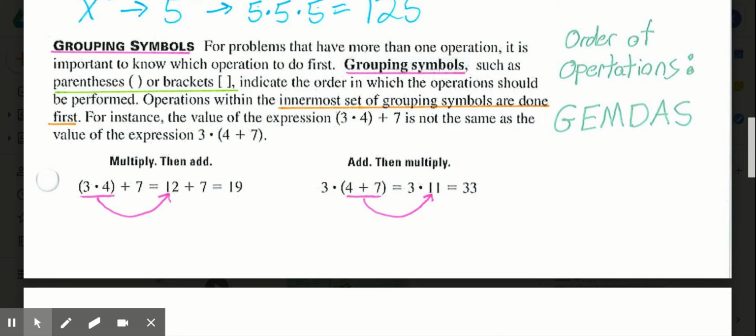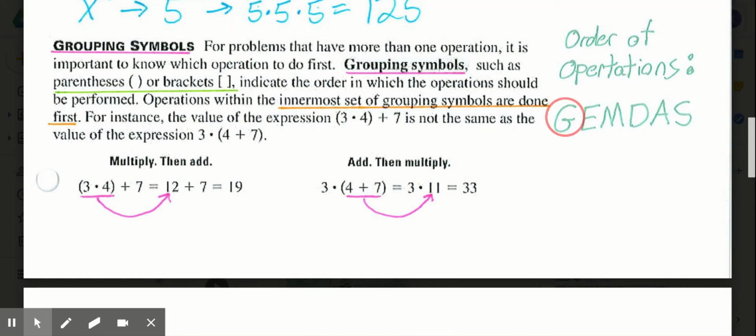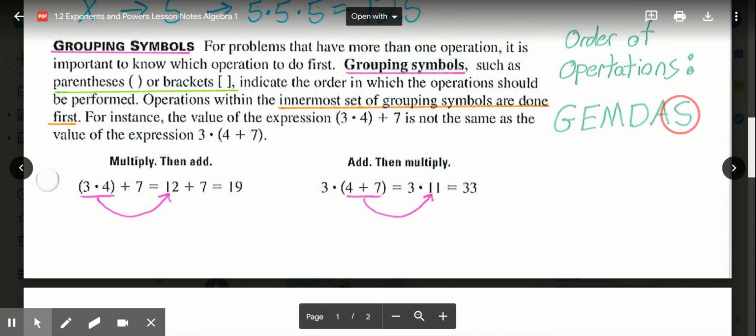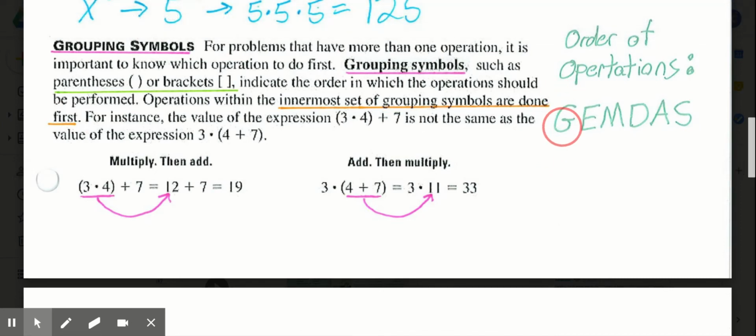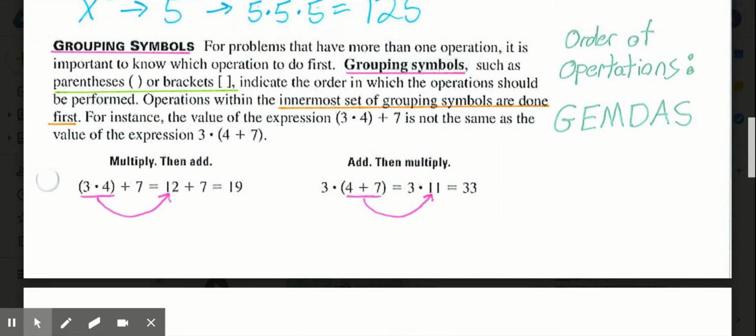Now that you're in high school and in algebra, I would teach you, instead of PEMDAS, the phrase GEMDAS. So instead of starting with parentheses, it starts with a G, which stands for grouping symbols. And as we read through these few sentences, you'll see why. So for problems that have more than one operation, we know we have to use the order of operations.